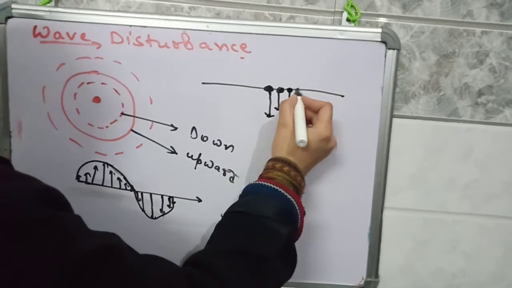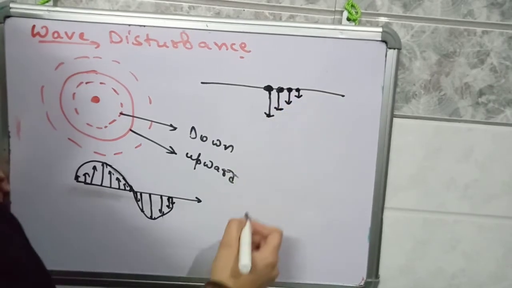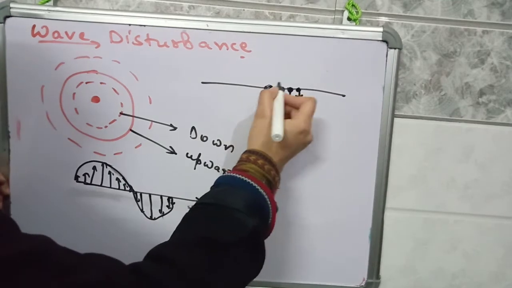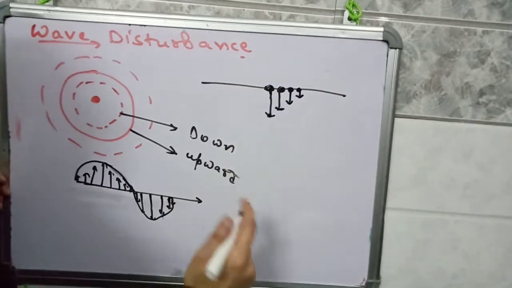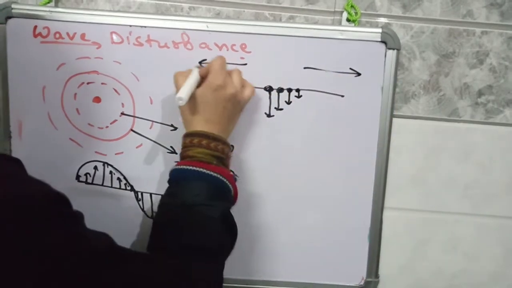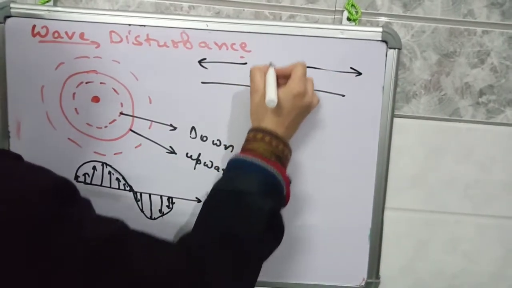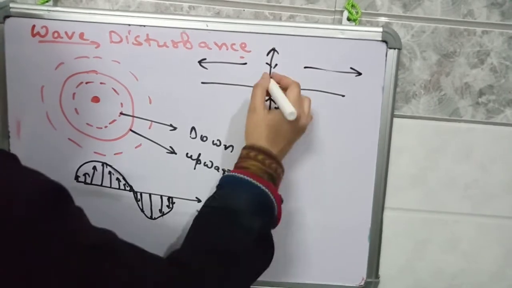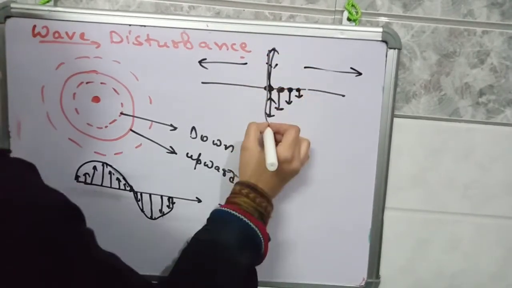So the particle hit by the stone is not going in this direction or that direction. It is just oscillating at its mean position.